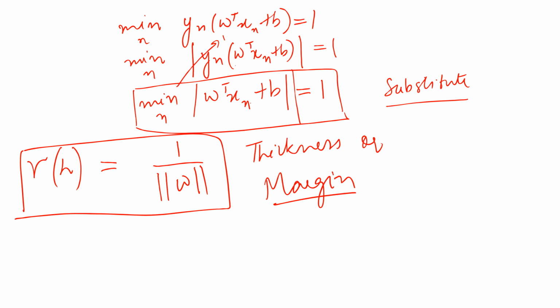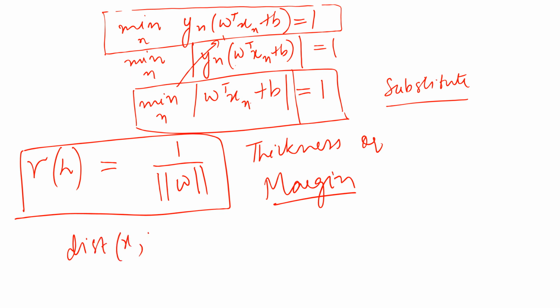The first one is the separating hyperplane, which is the min over n of yn times this thing. This is my equation of the separating hyperplane. Then the second thing we have is the distance of a point to the hyperplane, which we defined as dist h of x, which is given by w transpose x plus b over the norm of w.